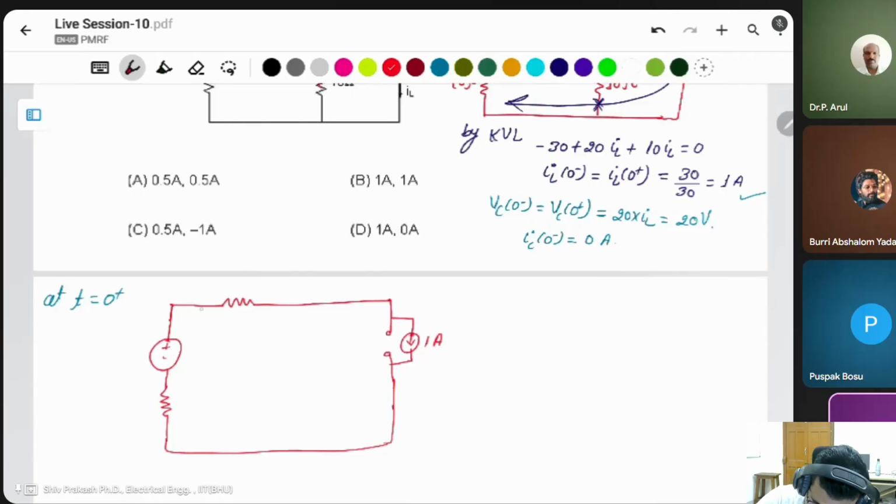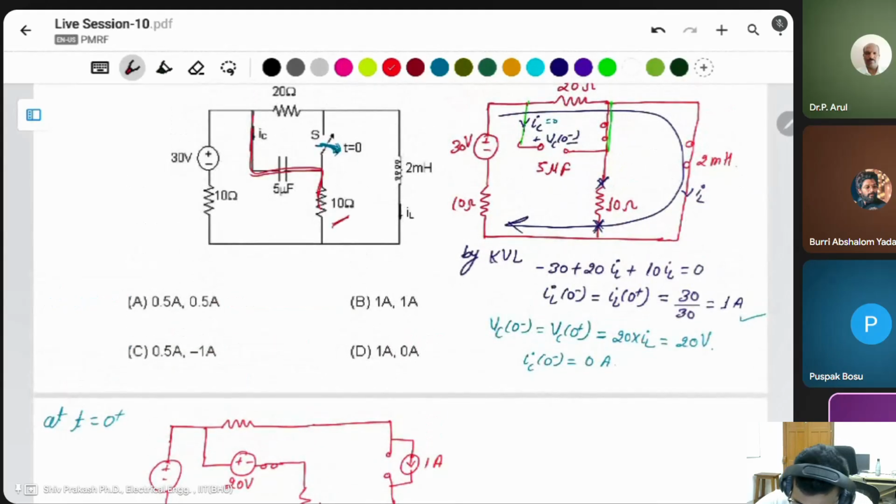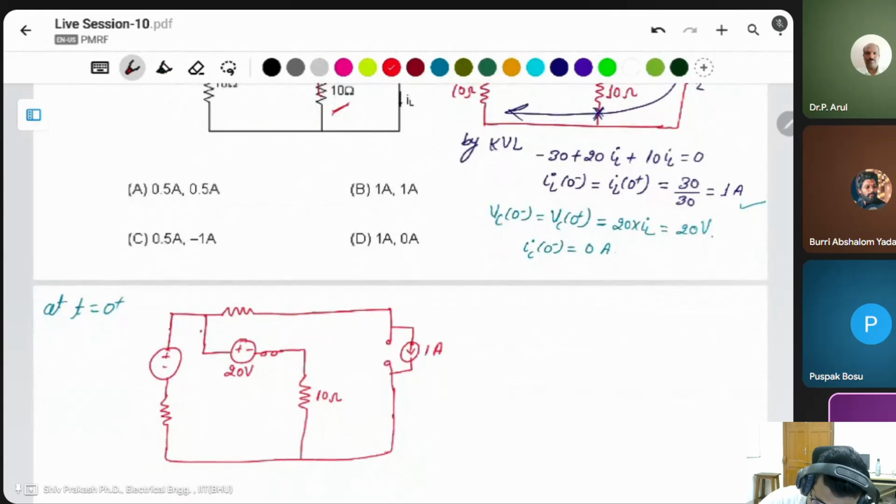The capacitor has some initial voltage of 20 volt. At the initial point the capacitor will be short circuited, then a resistor is connected, which is a 10 ohm, this resistor, and this is the IC at 0 plus. The voltage is the same, 30 volt.